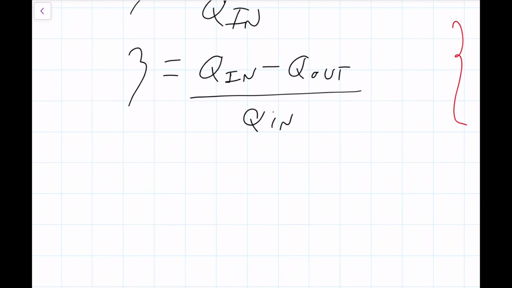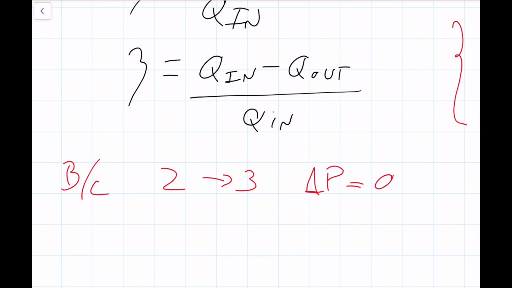So my Q in, let's do it this way, because from 2 to 3, delta P is 0, and no work other than boundary work, different than boundary work. That was supposed to be a W.